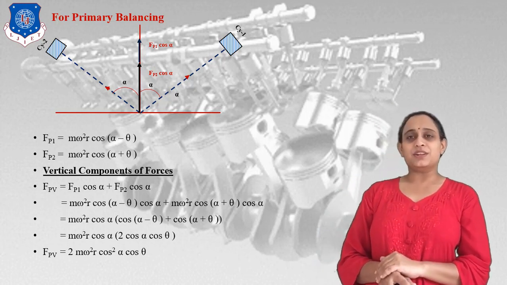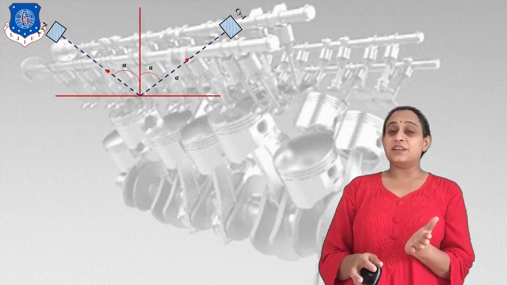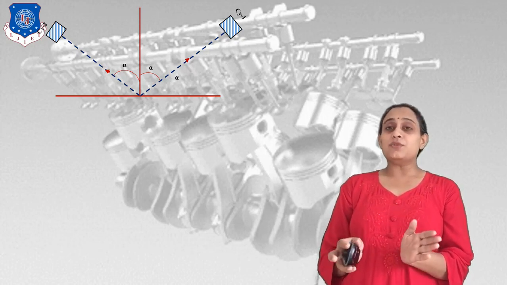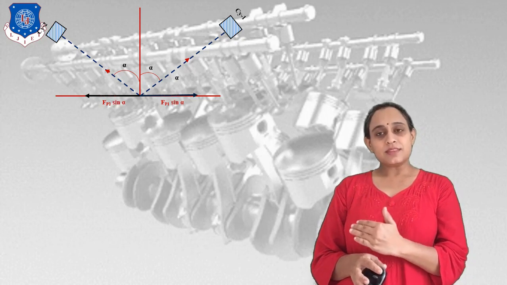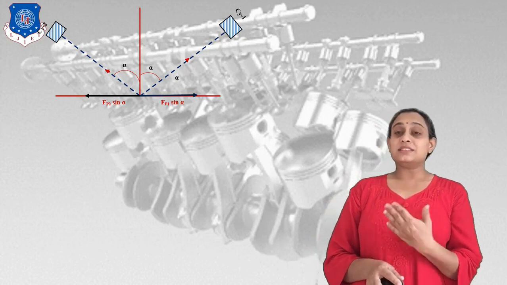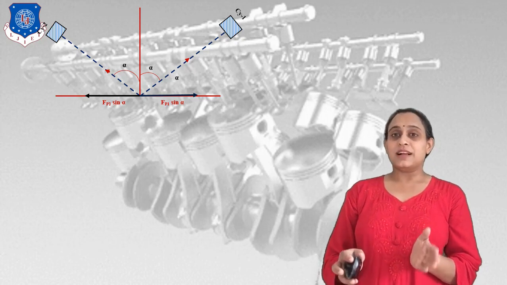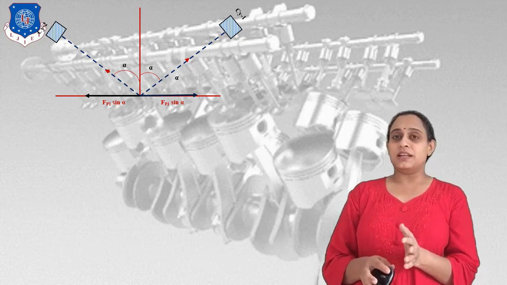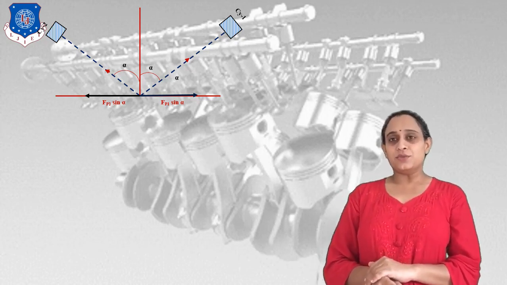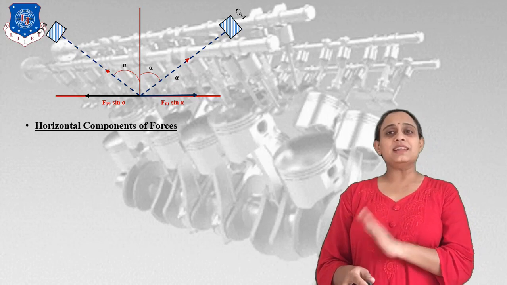Now let us solve the horizontal forces. For the horizontal forces, we consider the primary as well as secondary force. The horizontal components are Fp1 sin alpha and Fp2 sin alpha. If you see this, they both are in the opposite direction. If they are in the opposite direction, the horizontal force is Fp1 sin alpha minus Fp2 sin alpha.